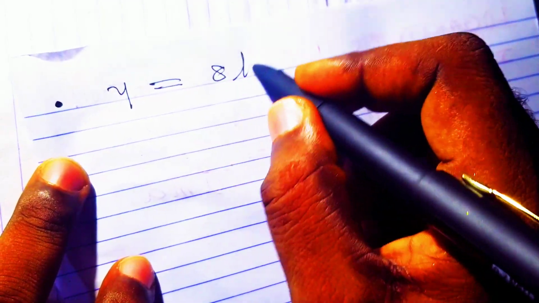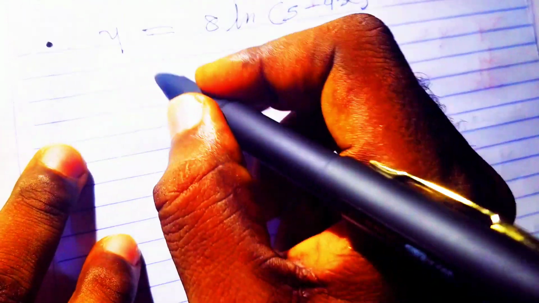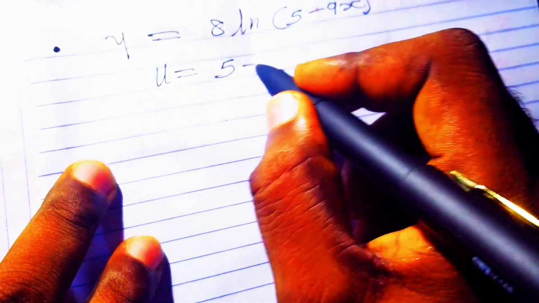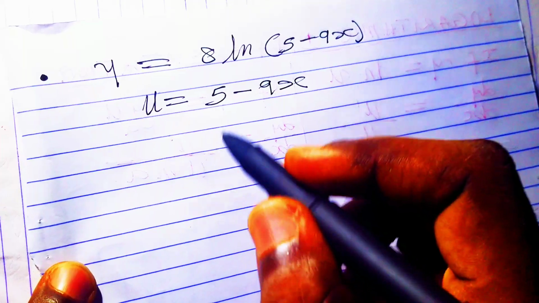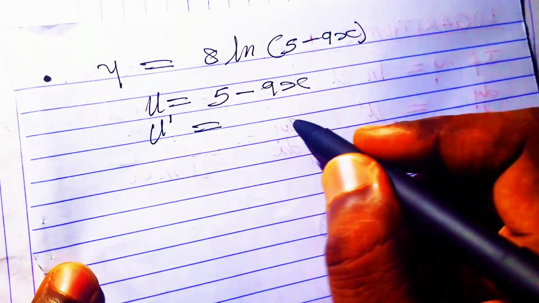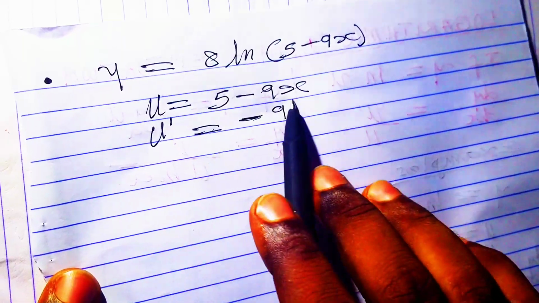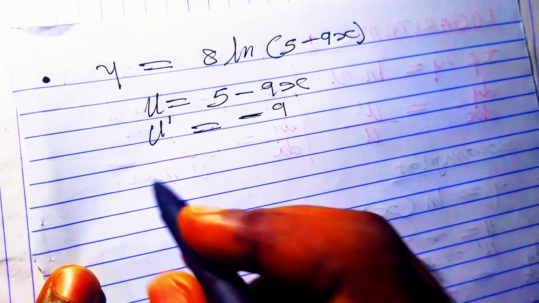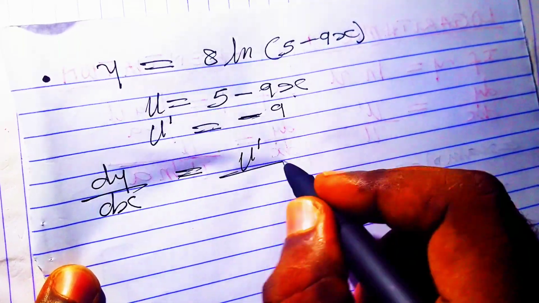So let's take a look at another example. Here, you're given y equals 8 ln(5 minus 9x). In this case, we can say our u equals 5 minus 9x. And therefore, u prime is going to be negative 9. When you differentiate 5, it's going to be 0, and differentiating negative 9x gives negative 9. And therefore, dy/dx equals u prime divided by u itself.